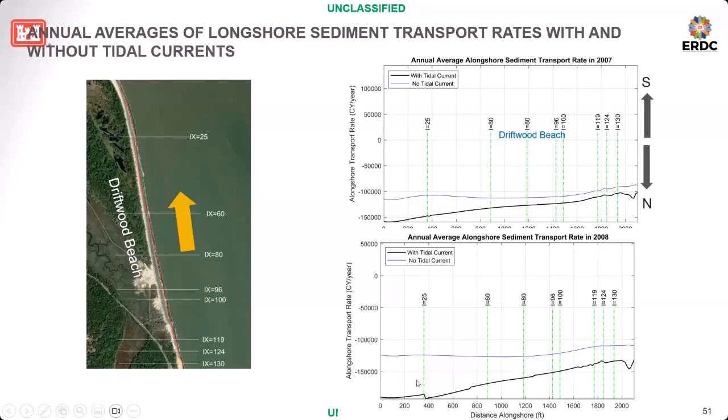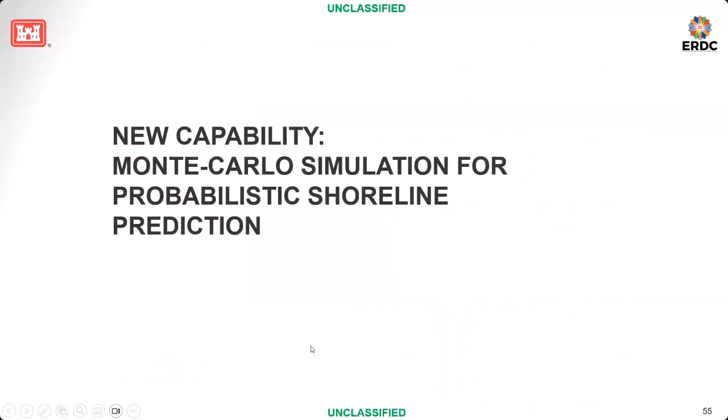So with the inclusion of tidal current, we can have a better simulation. That's why nowadays, when you do a practical assessment with pretty complicated hydrodynamic conditions, most of the time we ask the help of a two-dimensional process model.